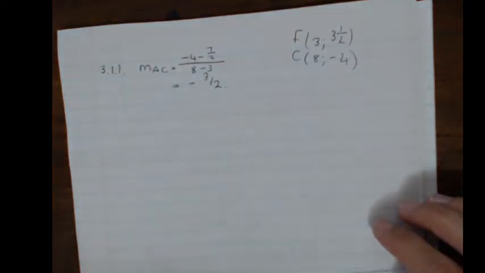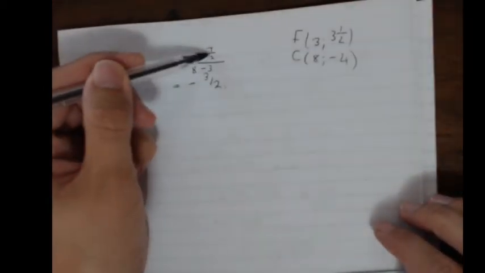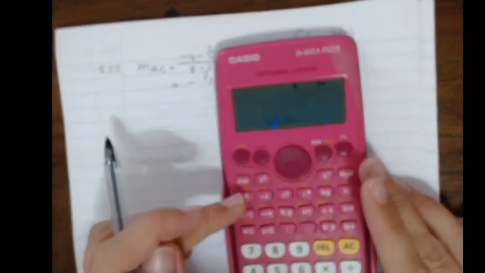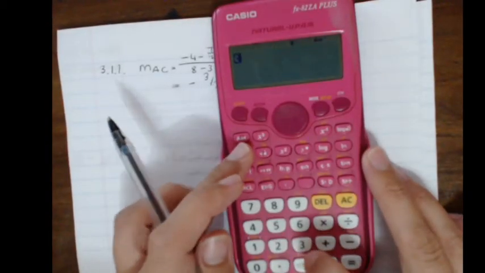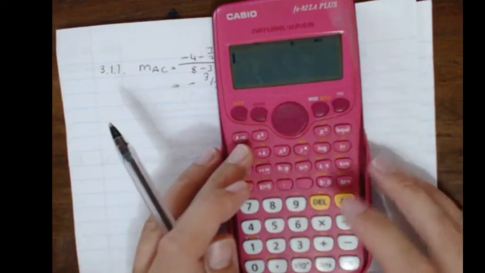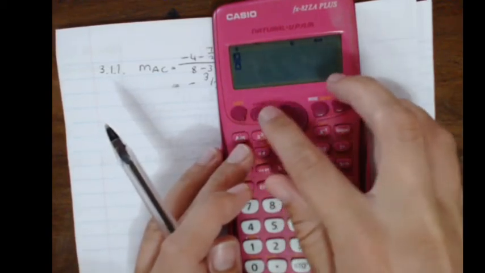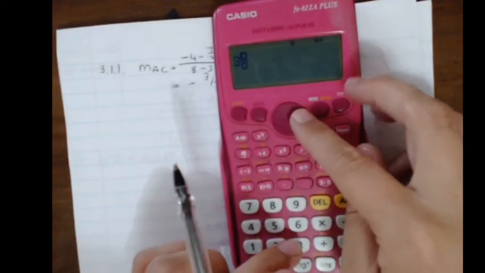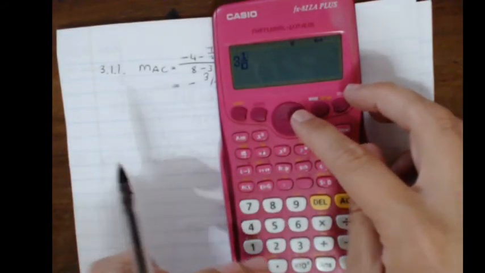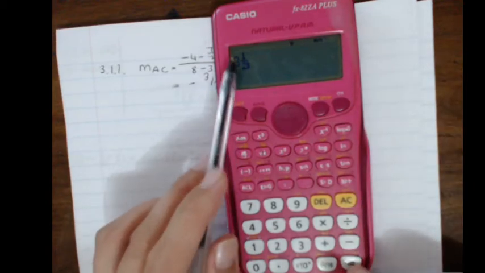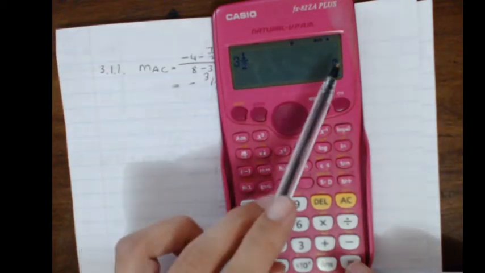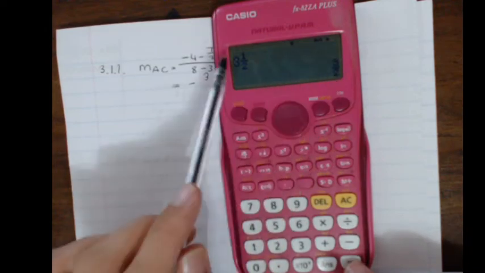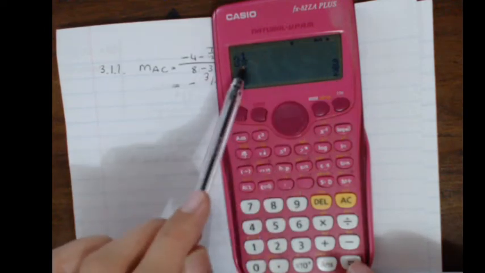If you use 3.5 in your calculator, don't type 3 and then the fraction button. Don't do this to type in 3.5. That's completely wrong. This is not 3.5, this is 3 over 2, which is 1.5, because what the calculator does is it takes 3 times a half.